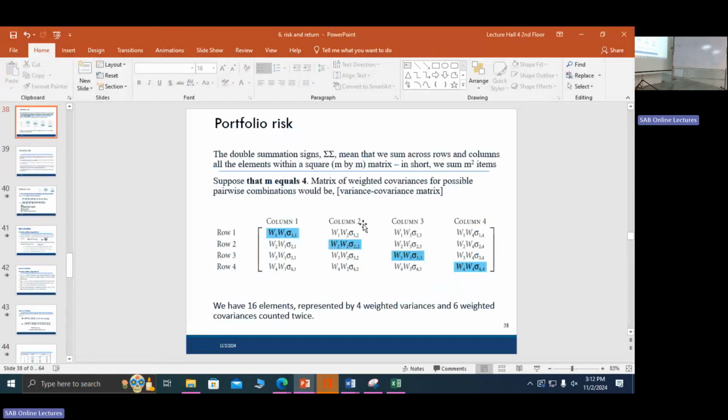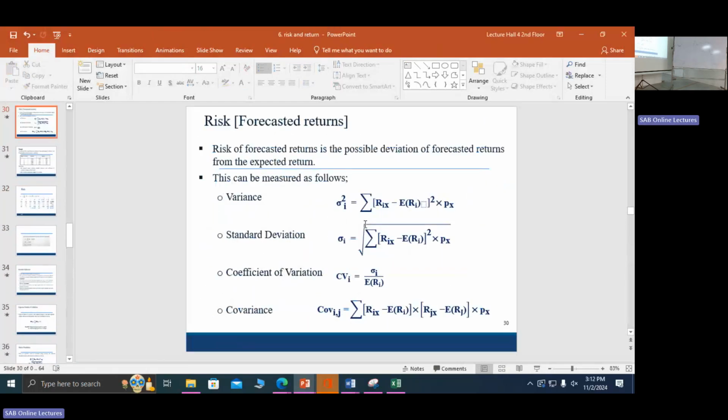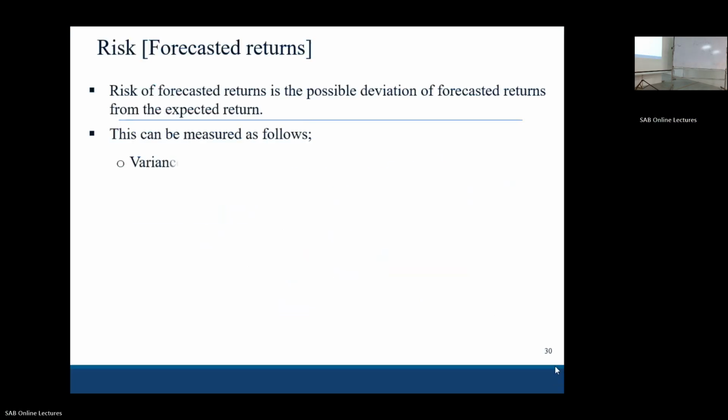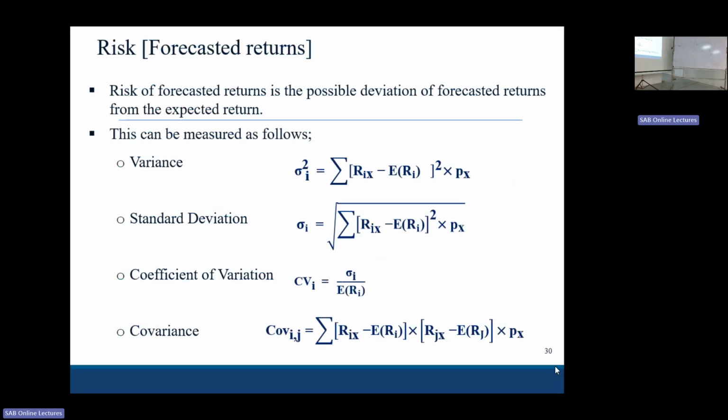Covariance we can calculate using this formula: the forecasted return of the PQR, its deviation from its expected return in the first probability, and the deviation of the forecasted return of the market, into its probability. Likewise, we have three probabilities in our case, so we have to consider these three.